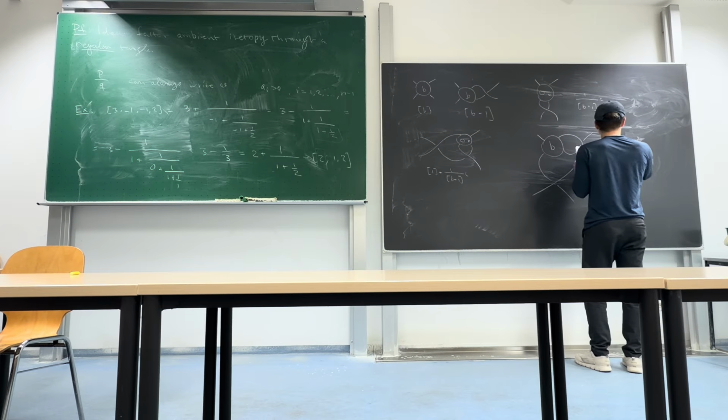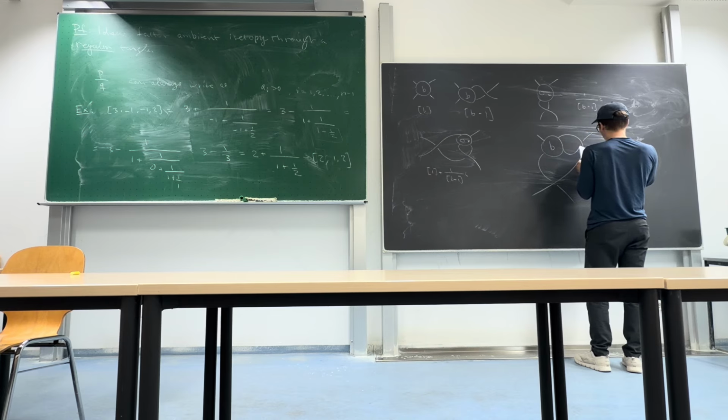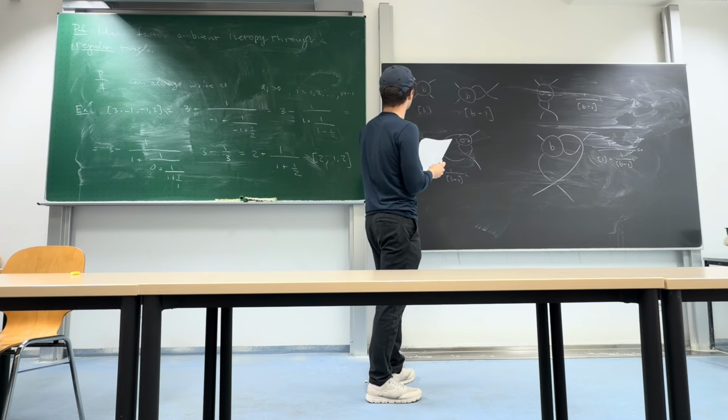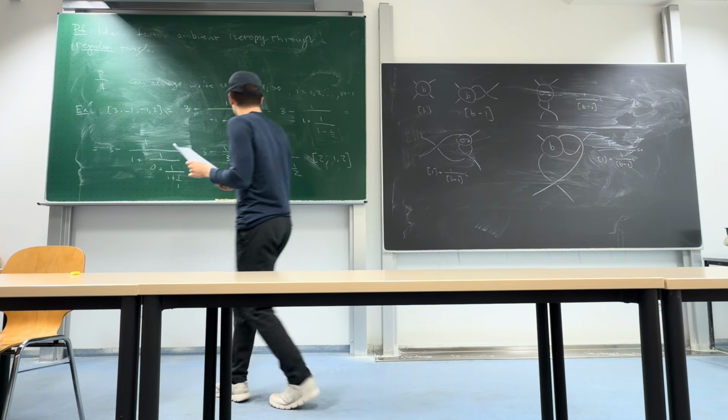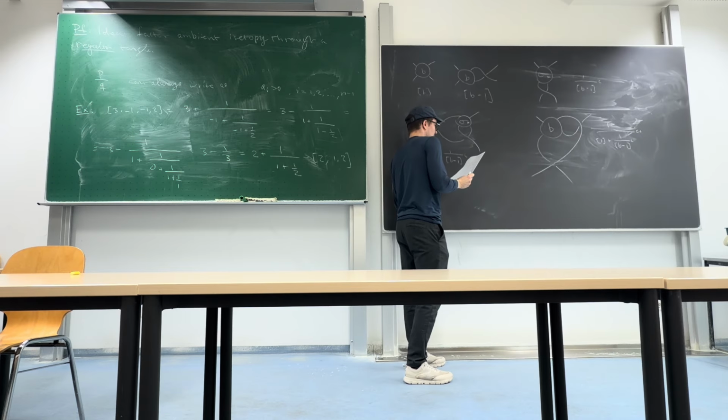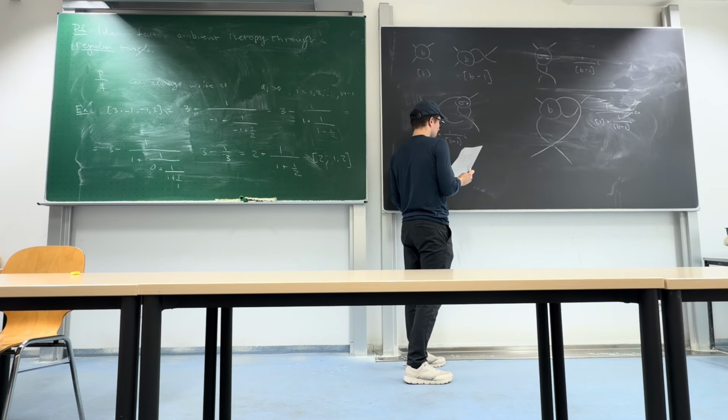We get 1 over 1 plus 1 over B minus 1. Cool. So maybe I'll do a couple more steps here. It's not too much more to be done.